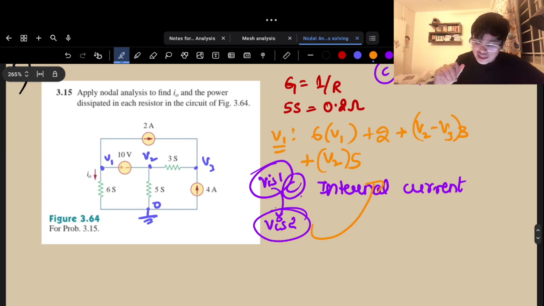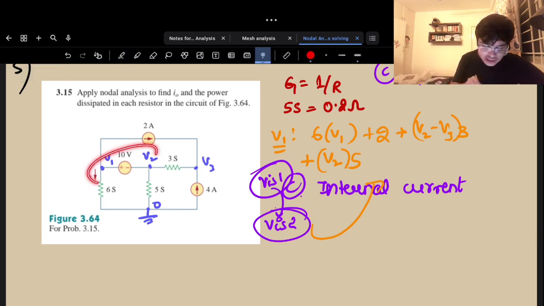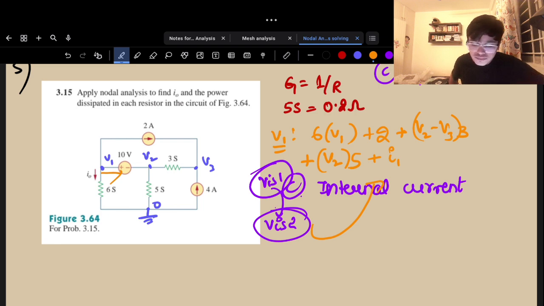What you are saying is that for this particular region, some current, say I1, was leaving this particular node and it was entering V2. Now there are different ways to see this. Let me make you understand in this way.